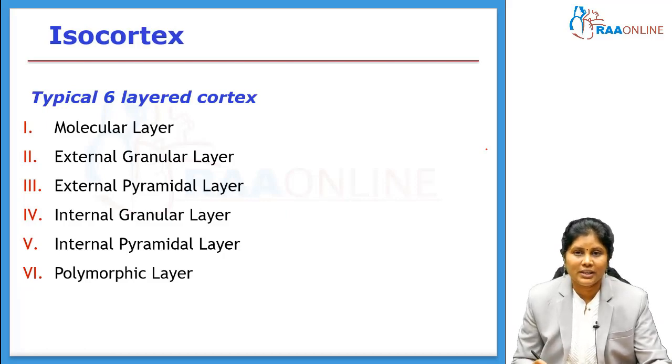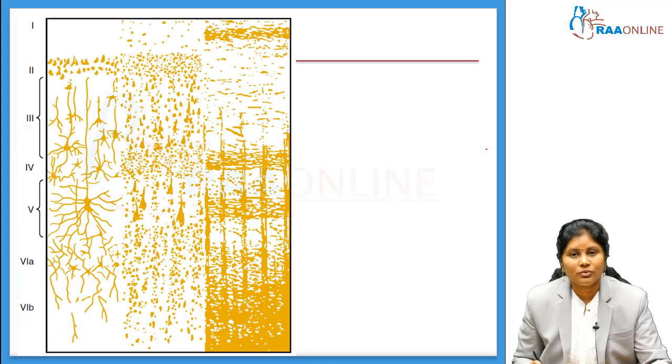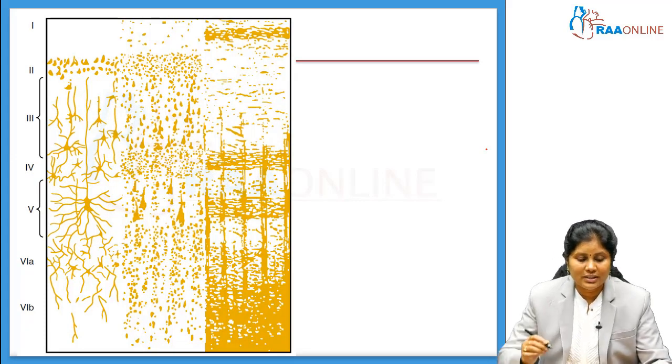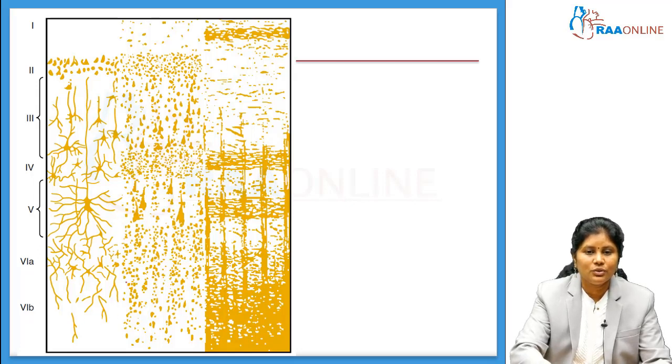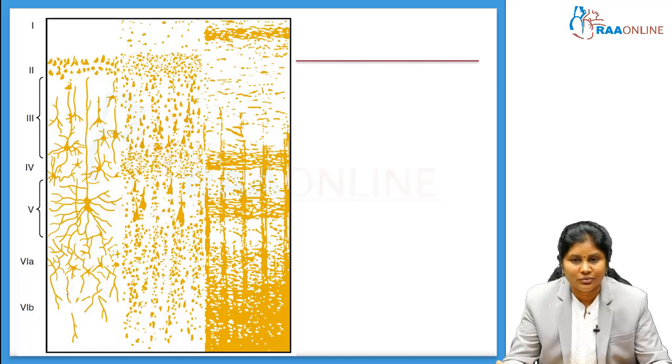The polymorphic layer is again classified into layer 6A and 6B. This is a picture of the neocortex. You can see the molecular layer, the external granular, external pyramidal, layer 4 the internal granular, internal pyramidal, and this is the fusiform or multiform layer.